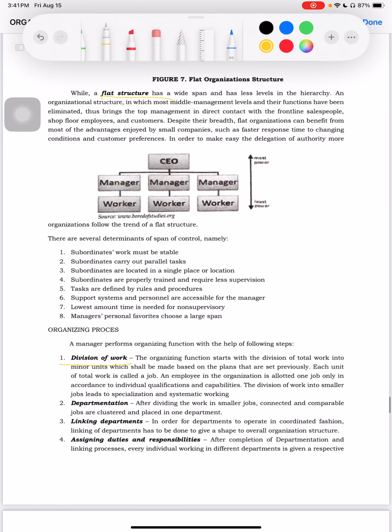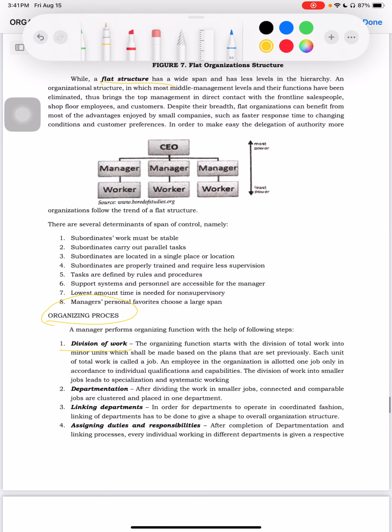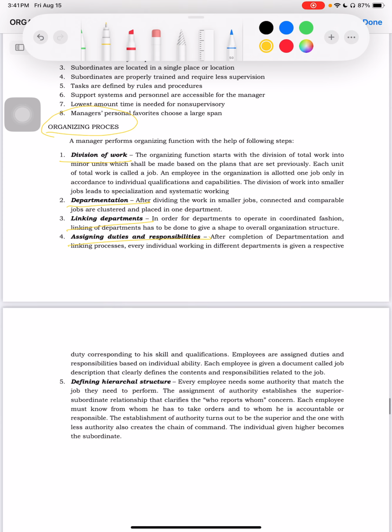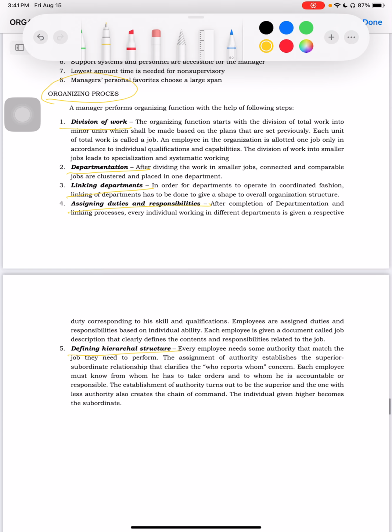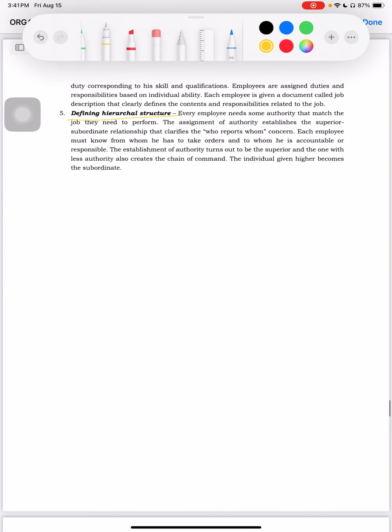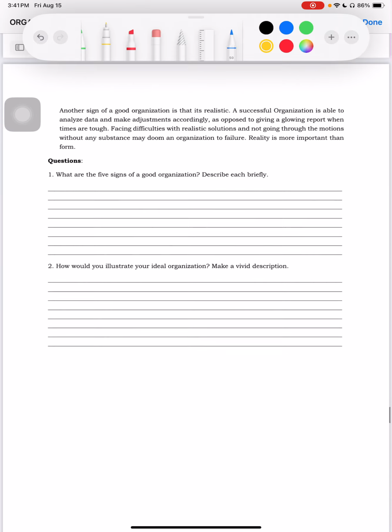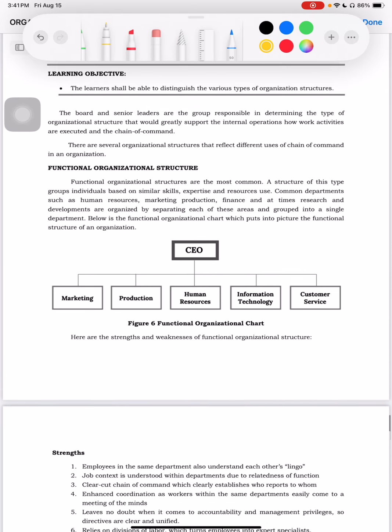The division of work, the organizational process. I discussed it in the previous lesson. So, division of work is properly distributed functions. Departmentation should be properly clustered based on what is needed.